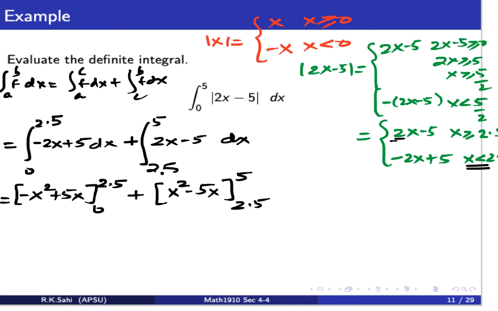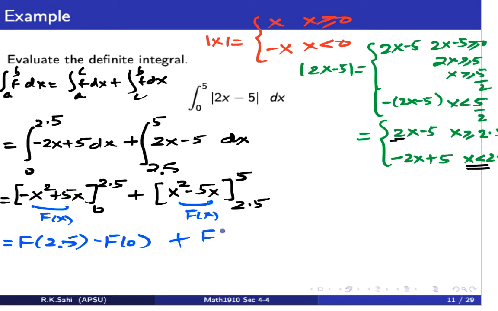Remember, guys, this is the entire antiderivative, it is F(x), and this one is F(x) here. When we apply the fundamental theorem of calculus, it's going to be F of 2.5 minus F of 0 for the first expression, plus F of 5 minus F of 2.5.